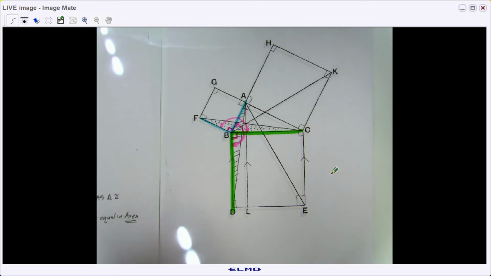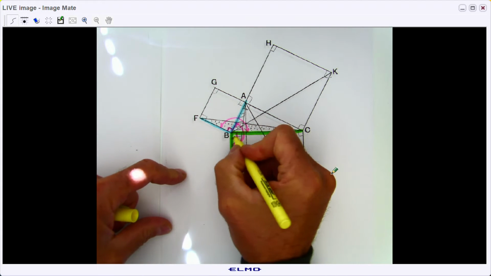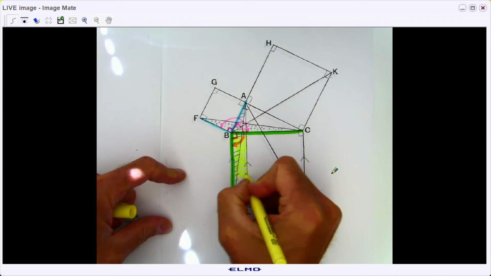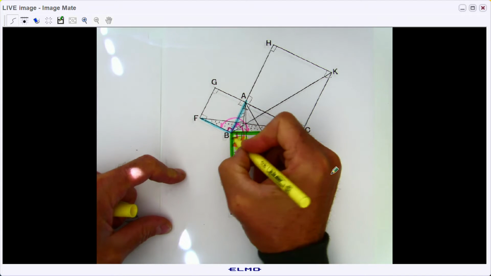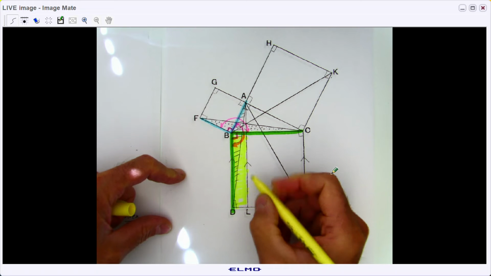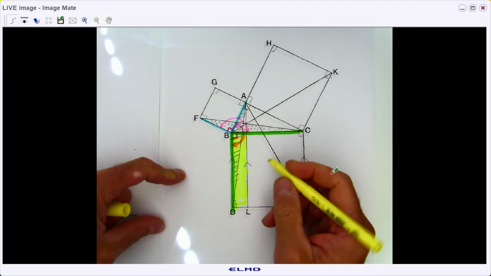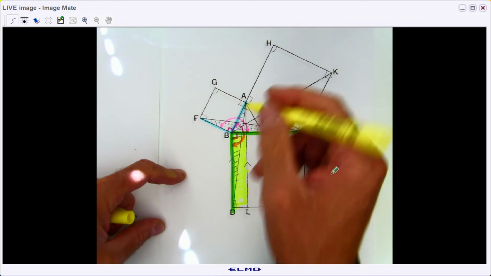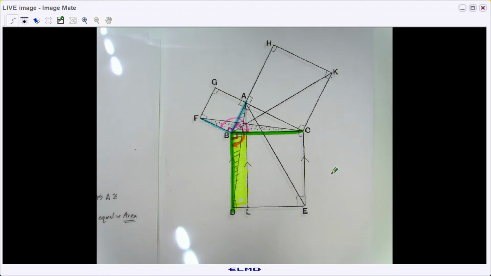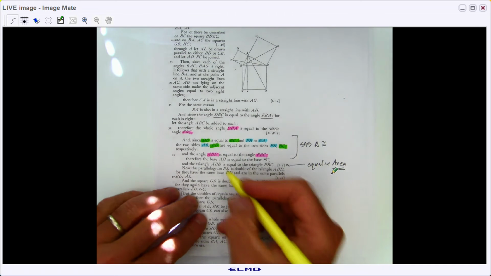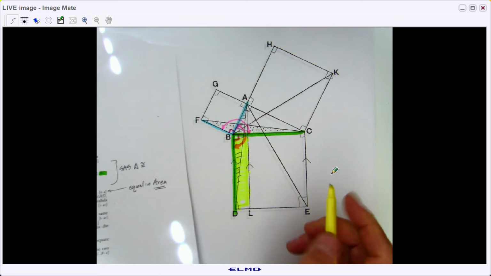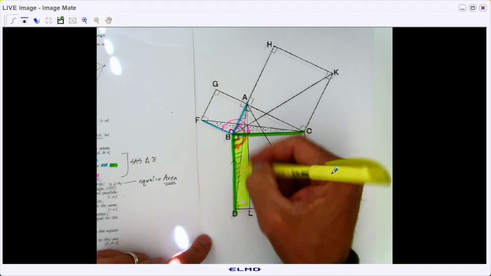And what he's saying is that this parallelogram BL is double the triangle ABD, and ABD is the one with the lines through it.